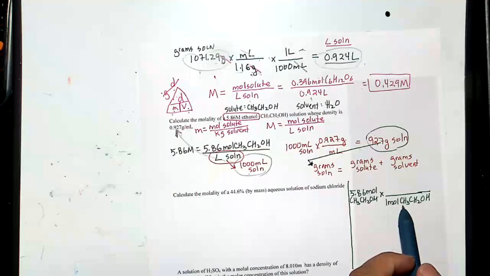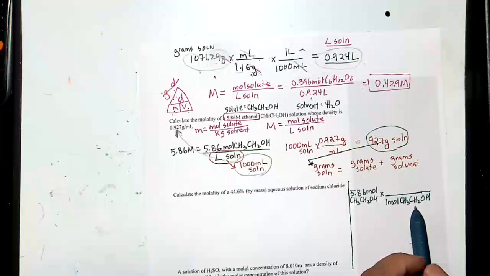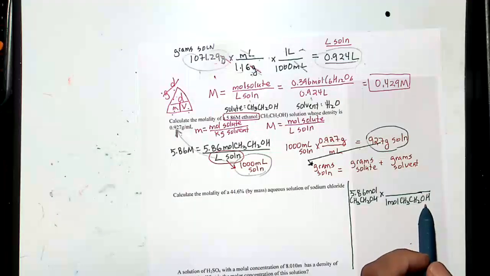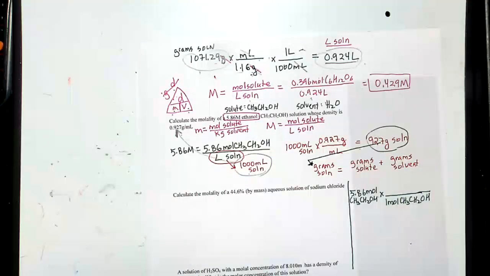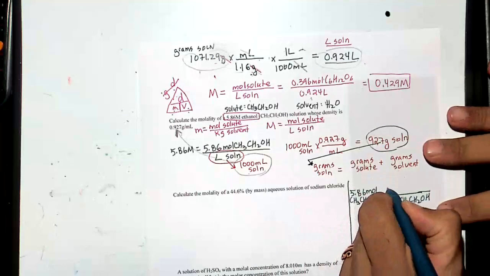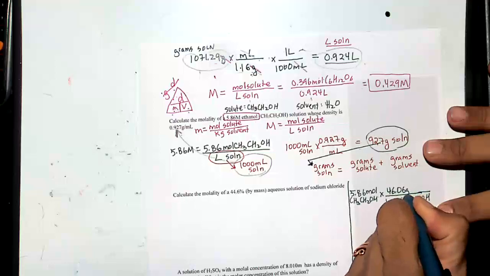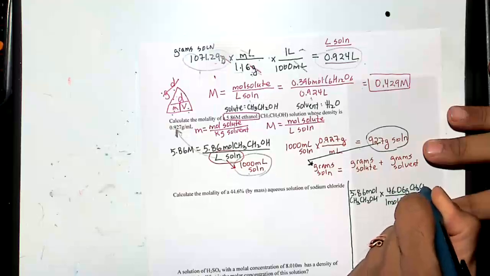Carbon is about 12.01, plus hydrogen about 1.01 times 3, plus another carbon 12.01, plus another hydrogen 1.01 times 2, plus another 16, plus another 1. What do you guys get for the molecular weight? About 46. I'm going to go with 46.06 grams of ethanol.